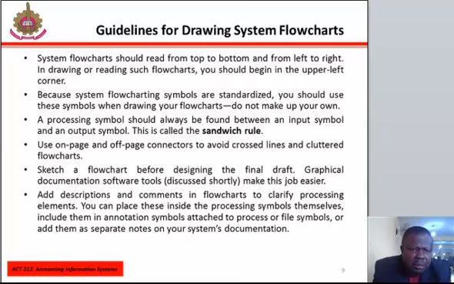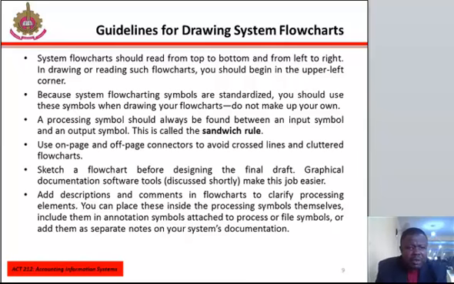Because system flowcharting symbols are standardized, you should use these symbols when drawing your flowchart. Do not make up your own. A processing symbol should also be found between an input symbol and an output symbol. This is called the sandwich rule.